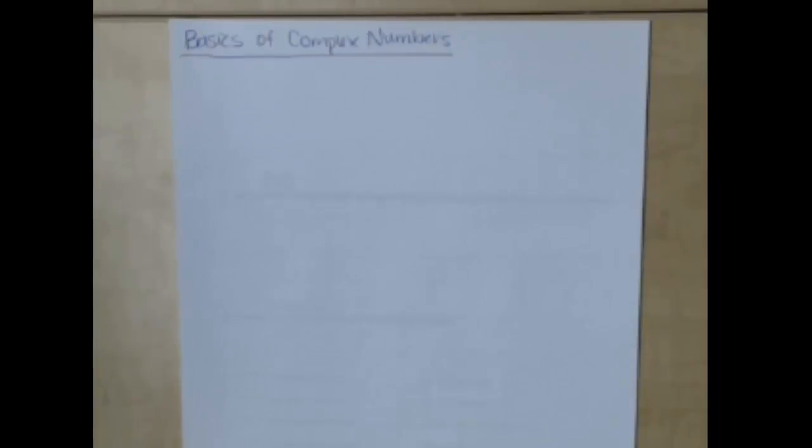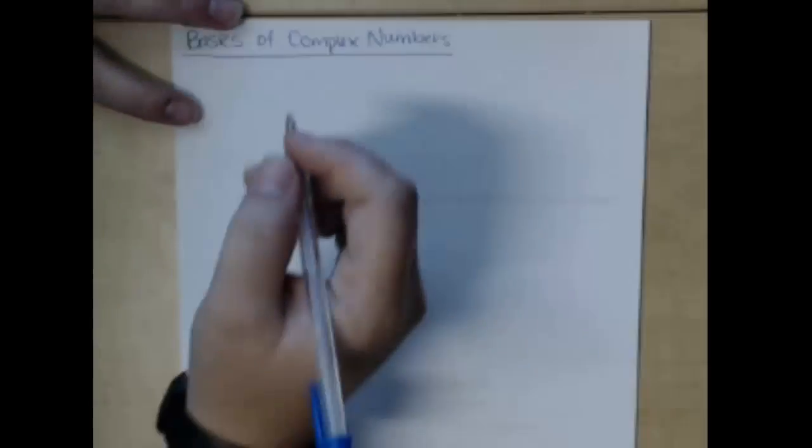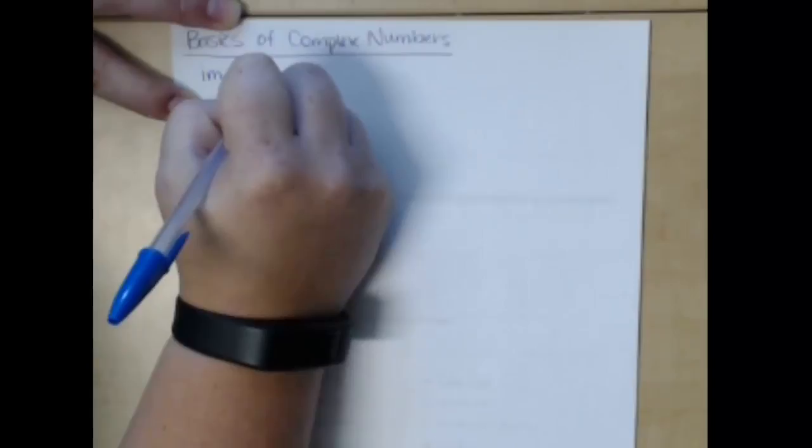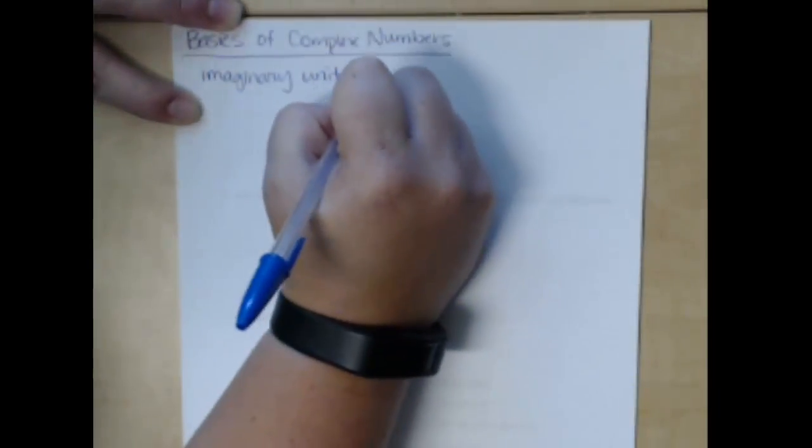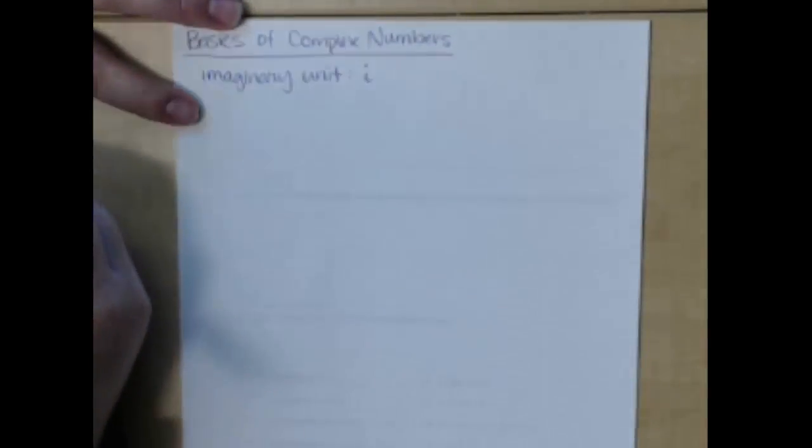Okay, complex numbers are numbers that we have basically created to make our lives easier. Complex numbers are different in that they have an imaginary unit, which we have called i, I'm sure short for imaginary, right?